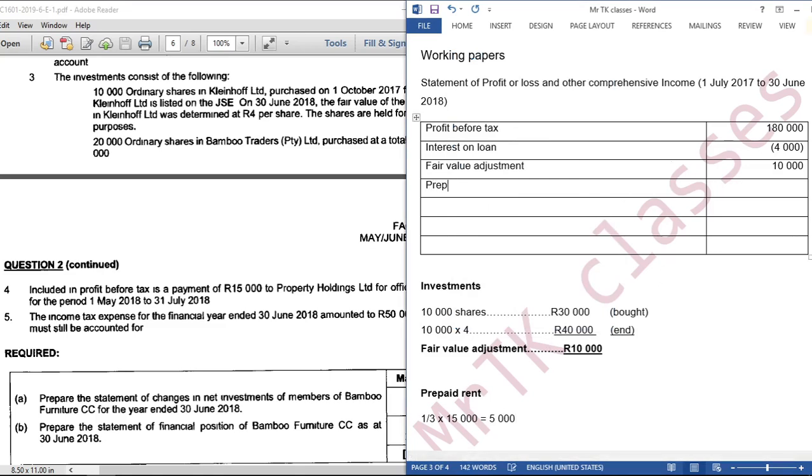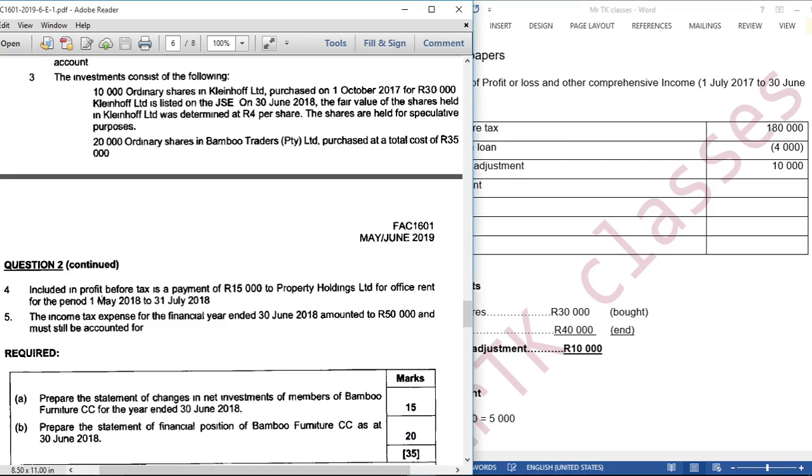So we are going to say prepaid rent. How are we going to adjust our profit with that 5,000? Now that's another question. Now let us see, is it an expense or an income?